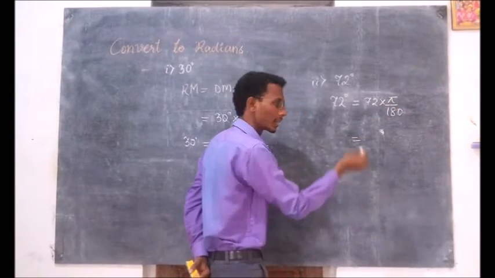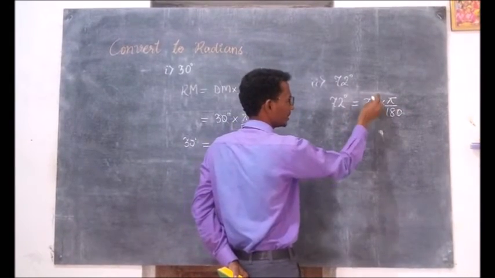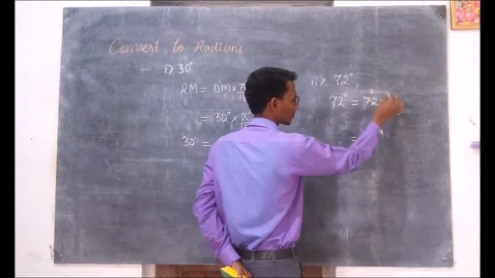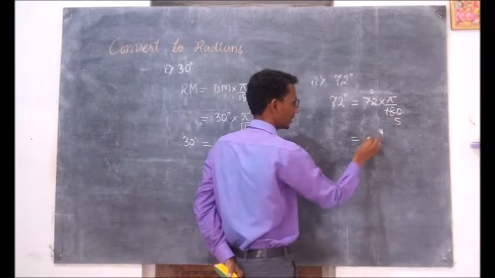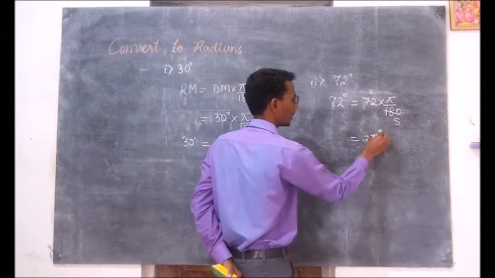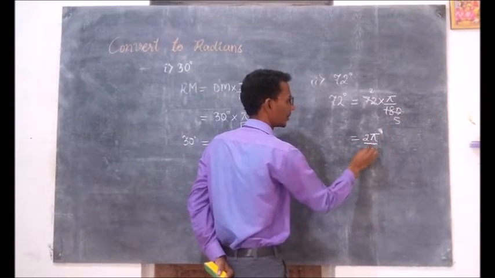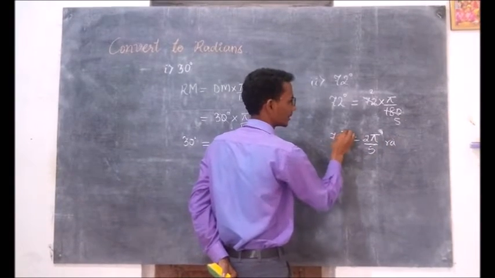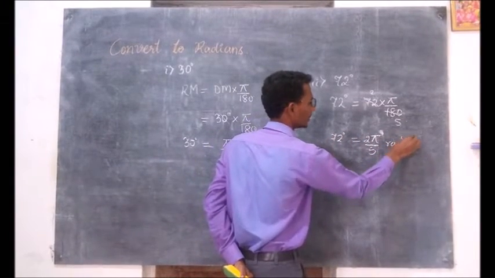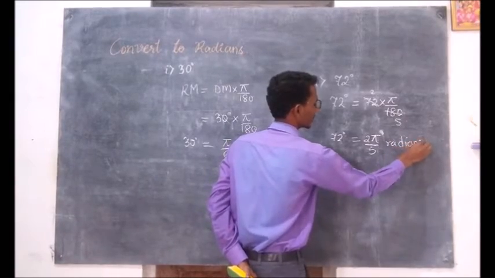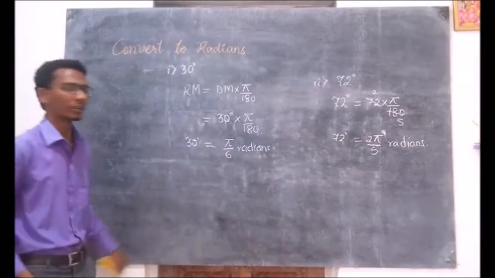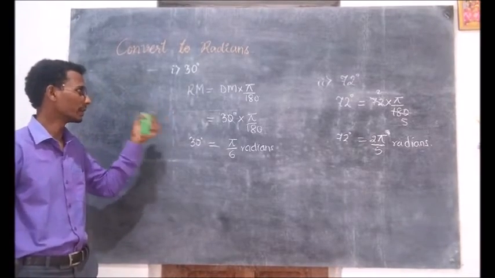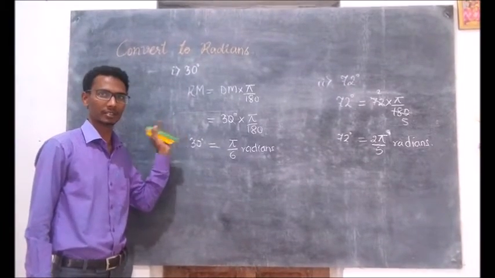Now we can simplify this, and that is 2 pi by 5 radians. So hence 72 degrees is 2 pi by 5 radians. Like this, we can convert the given degree measure into radian measure.